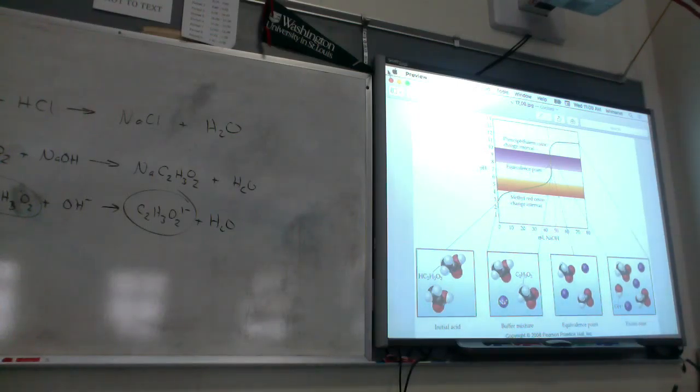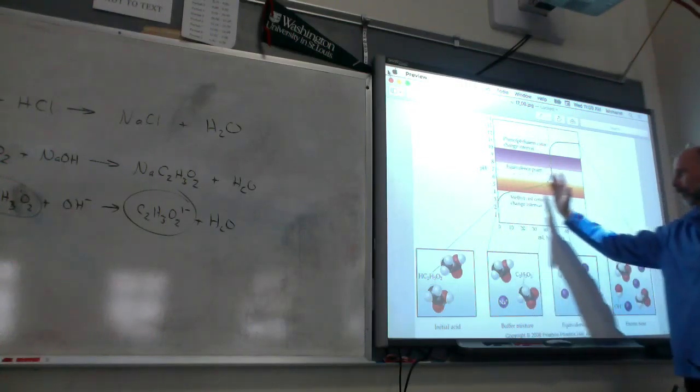Now, if you remember, yesterday I said, when is a buffer system most effective? When you have equal amounts of acid and conjugate base. You guys with me on that? Okay. So on this graph, we'll interpret how to do this on your graph here in a second.